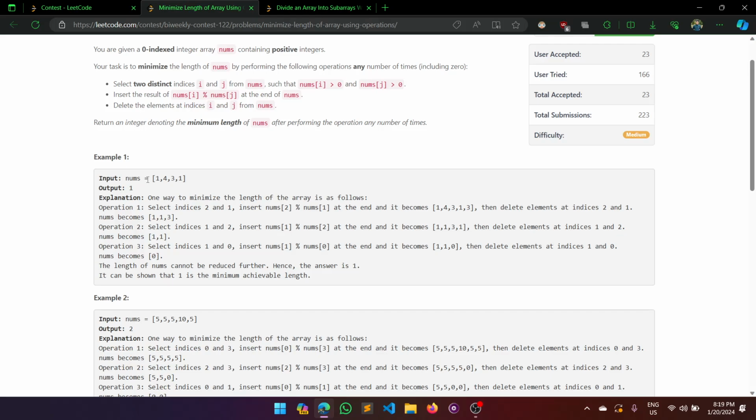Four of them. Okay, yeah. Three of them I can reduce to one. Four of them will be two. So it's just division by two and then taking the floor. It's the natural division.